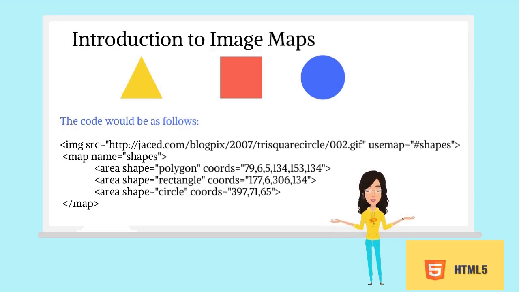Regular image attributes apply, and usemap is used for the name of a map with a hash symbol prepended to it. For example, for a map with the name map, the image should have usemap equals #map, and the name of the map identifies it to be used with the image's usemap attribute.